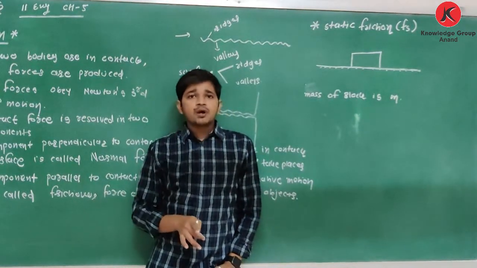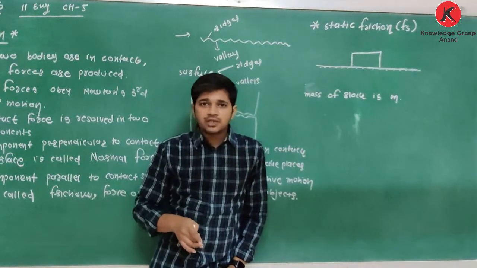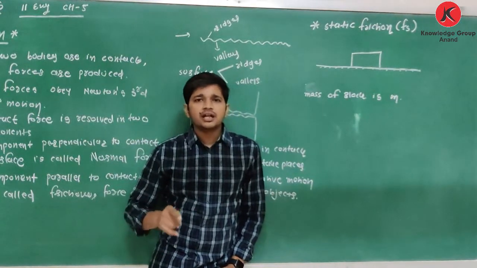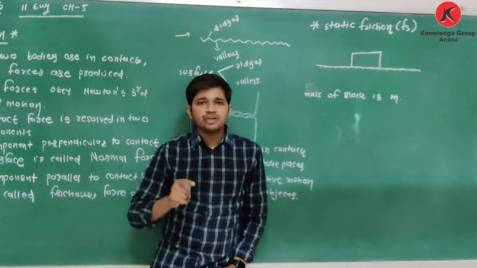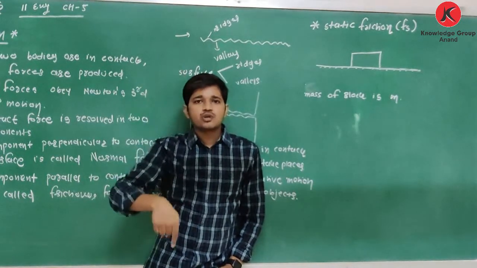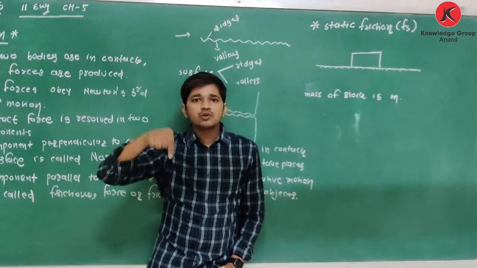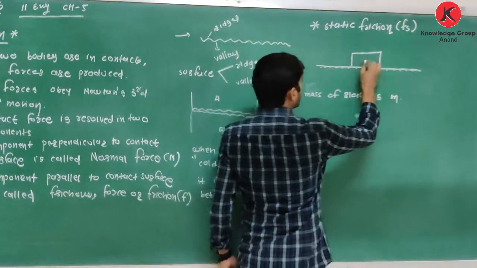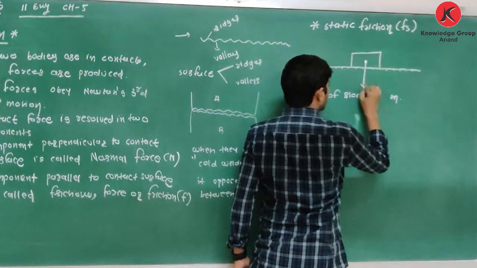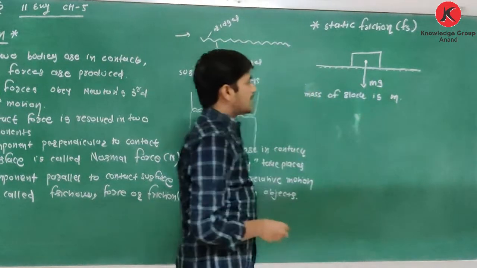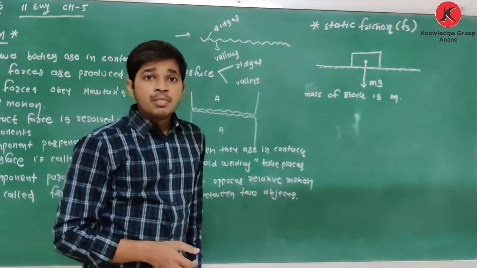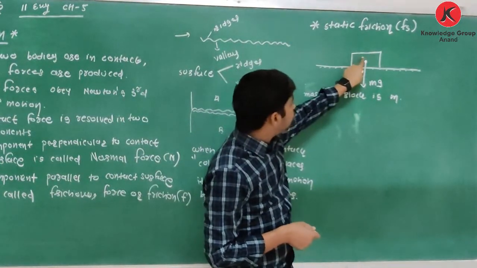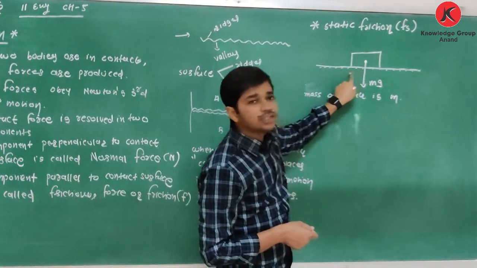In this chapter, whenever you are given an object having mass m, one force always acts on it, that is its weight, the gravitational force, always vertically downward. So the first force acting on this block in the vertically downward direction is mg. Now, as this block is placed on this table, this mg force is exerted by the block on the table.